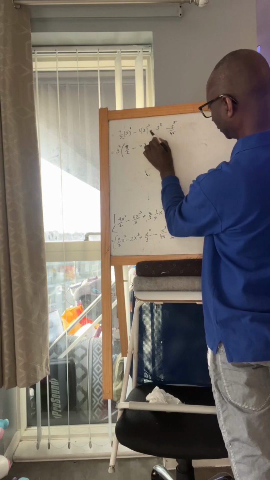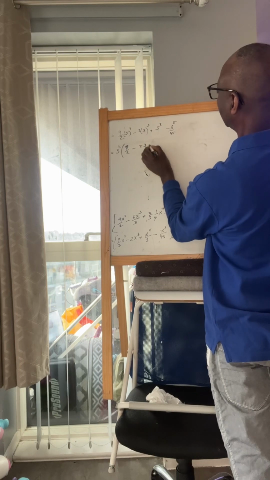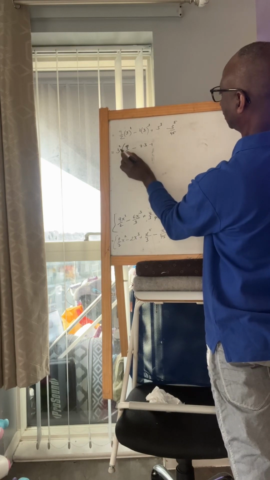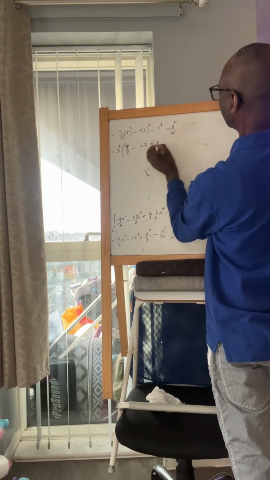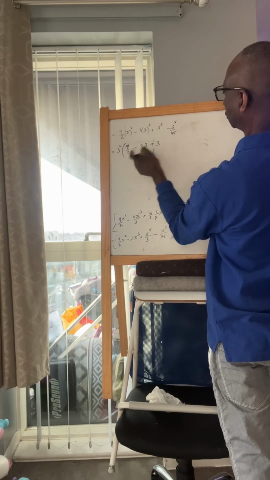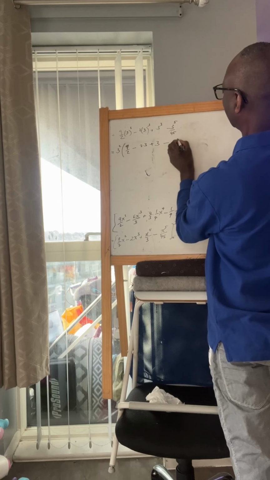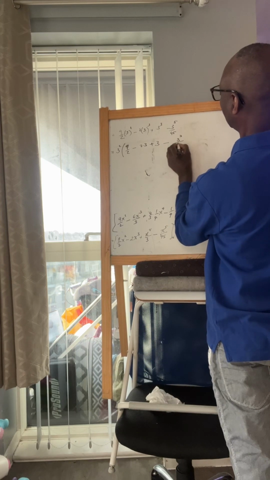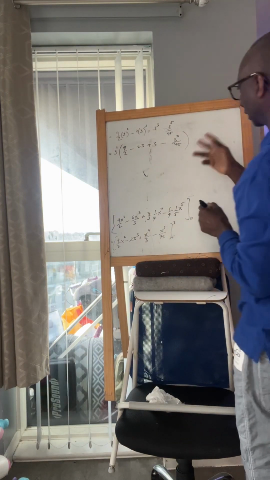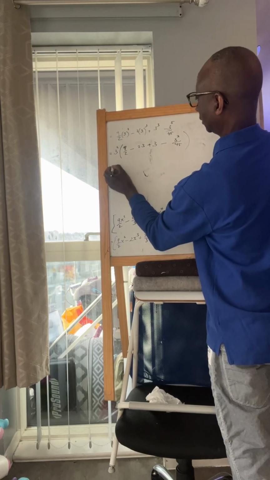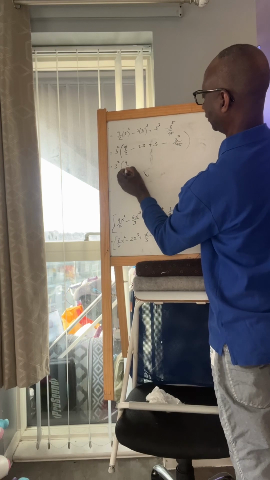Only 1 3 will remain here plus the 2. And this one here, I've taken 3 squared out, 1 3 will remain, and this is plus. This one here I've taken 2 3s out, so I will have 3 to the power of 3 all over 45 remain here. This is easy to simplify.